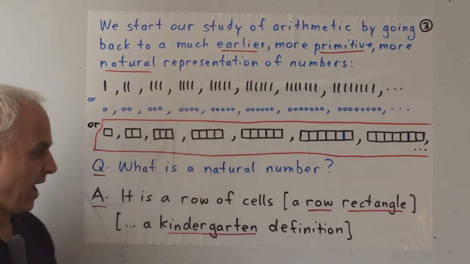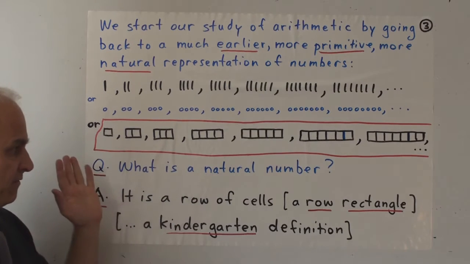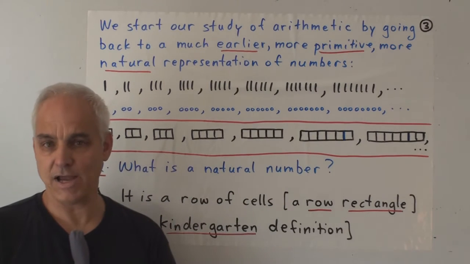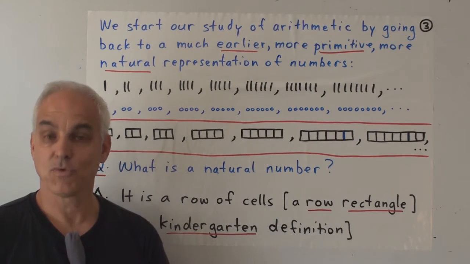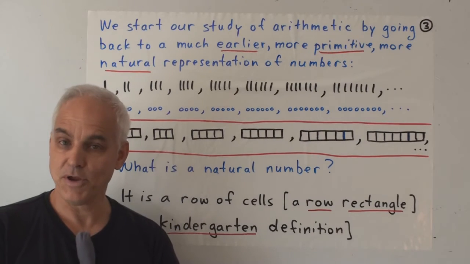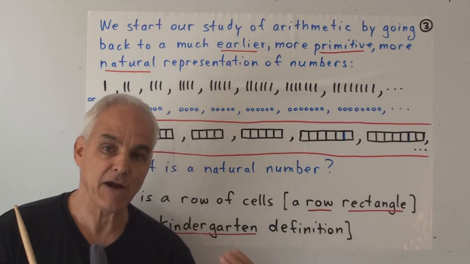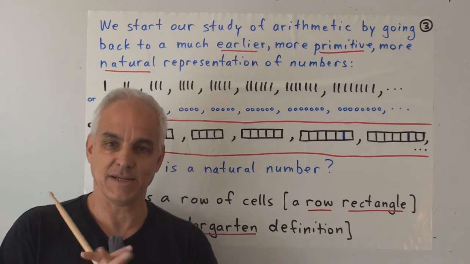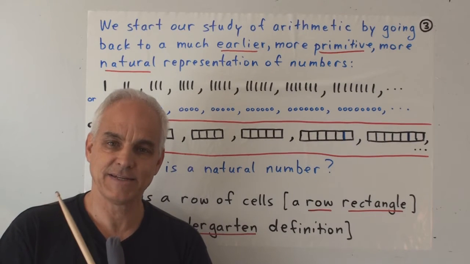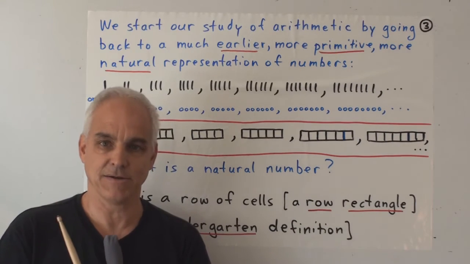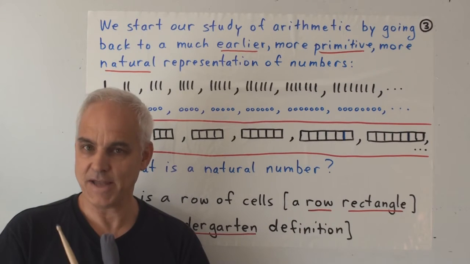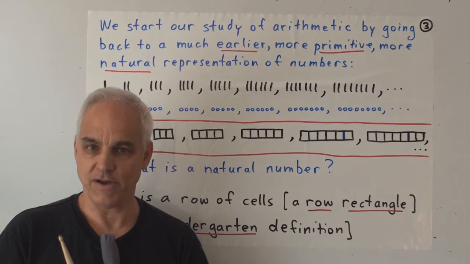Okay, so can we do arithmetic with these very simple kinds of numbers? Well, yes, we can. And doing arithmetic with them really clarifies what arithmetic is about. It makes it simpler to understand arithmetic. That's the big advantage of it.